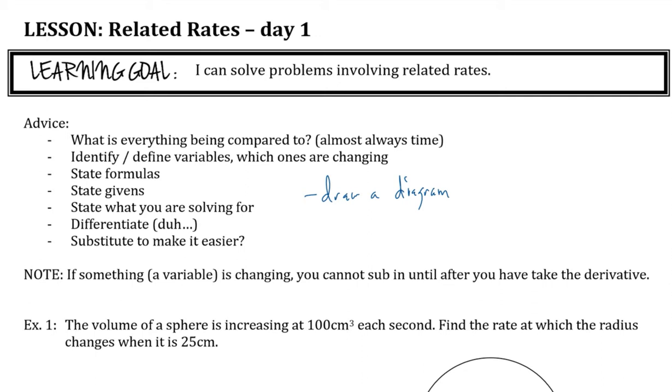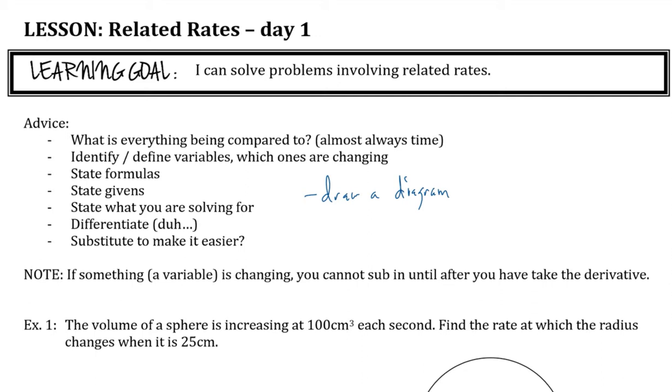One of the things that you're going to do is ask, what is everything being compared to? It's almost always time. In fact, for us, I think it might always be time. There are a few questions that we have done, but I think in these circumstances, they have all been cut out.